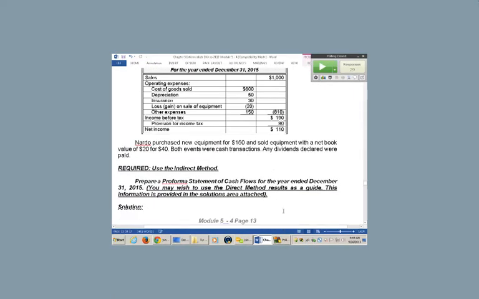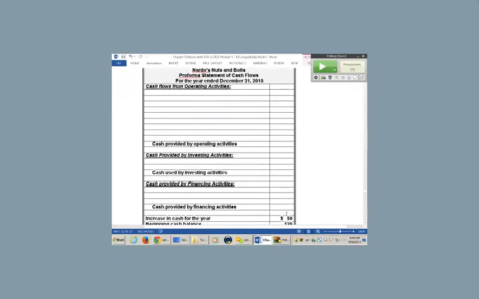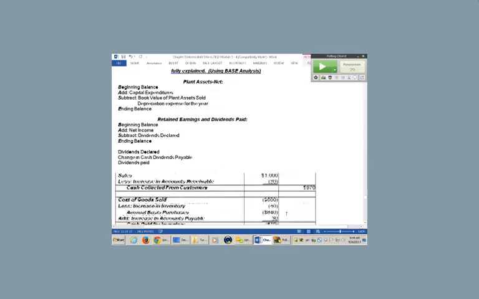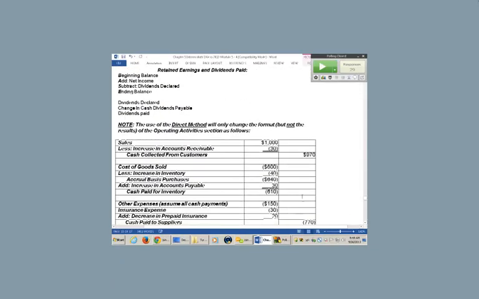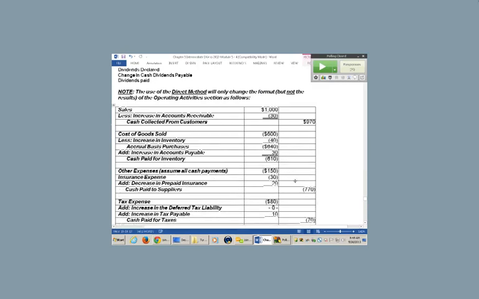I want you to use the indirect method, but I also want you to be able to come up with the line items that you see here. I give you the direct method. Again, it's entirely up to you whether or not you want to do this problem, but it is a good way to review the statement of cash flows, aside from regular homework problems and things like that.